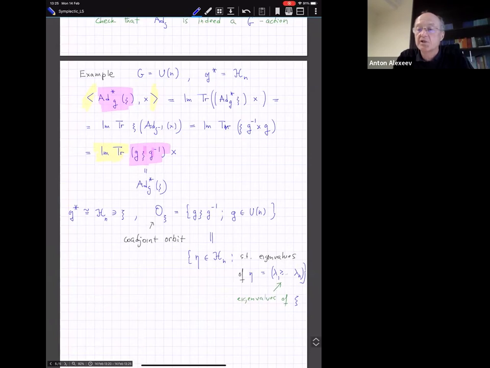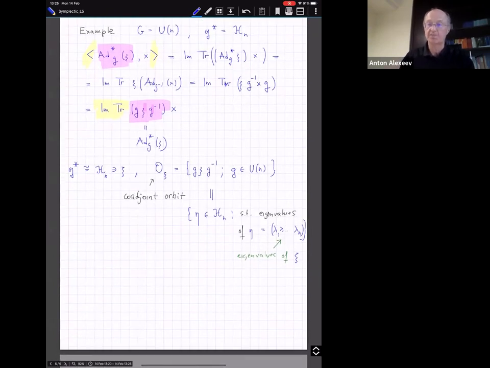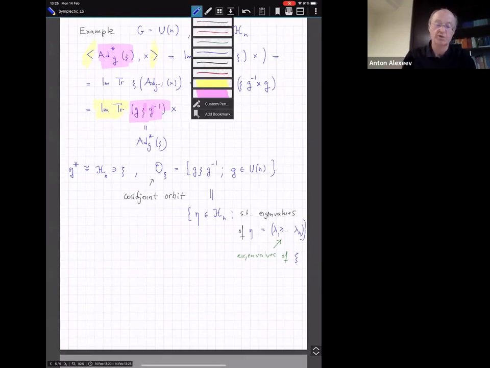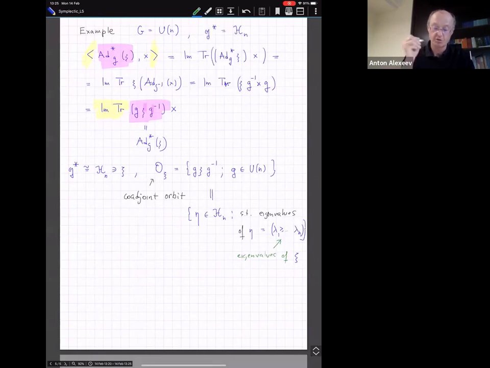What is the relation with homogeneous space of this coadjoint orbit? Okay, sounds like a good question. Let me say some words about it. So whenever we think of an action of a group on a manifold, we always have two viewpoints.